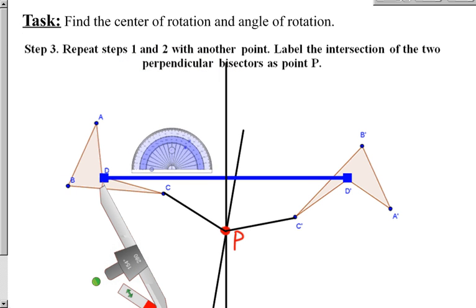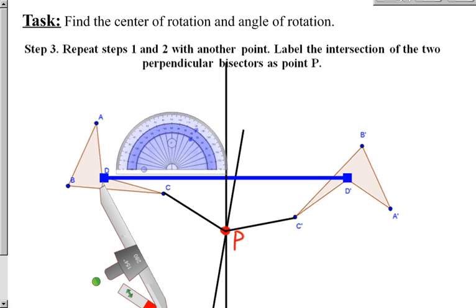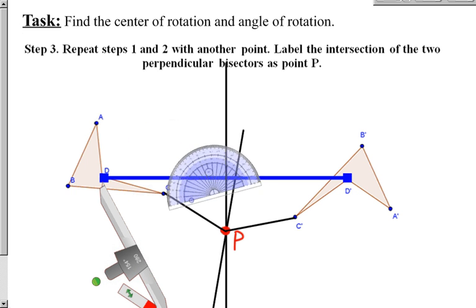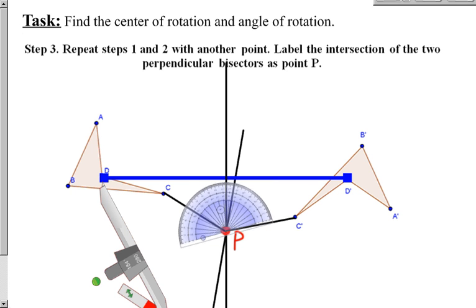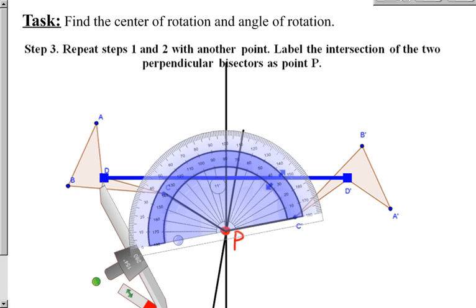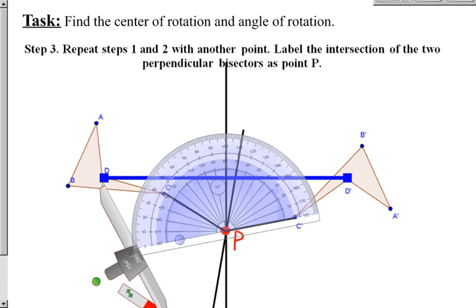Let's make it a little bit smaller. All right, and it looks like a little bit less than 140.